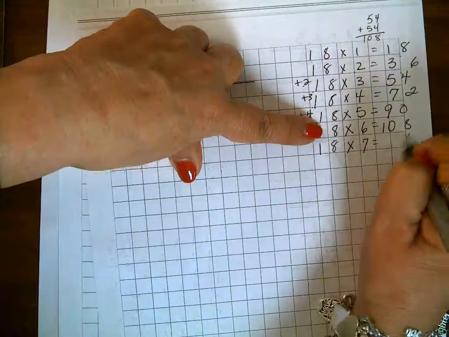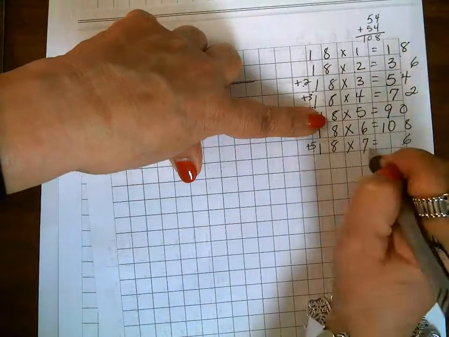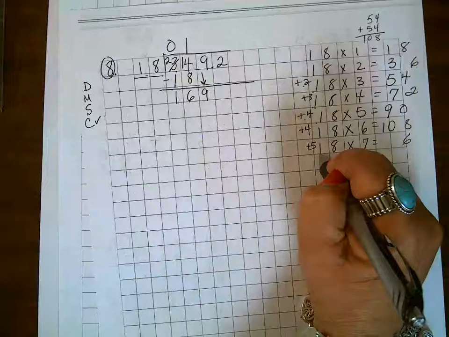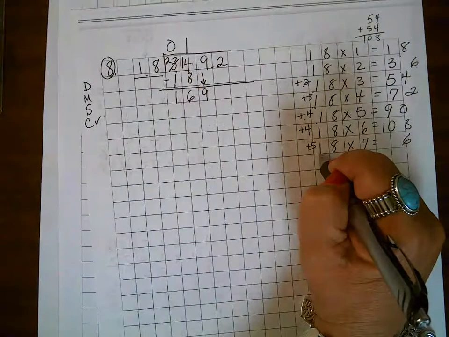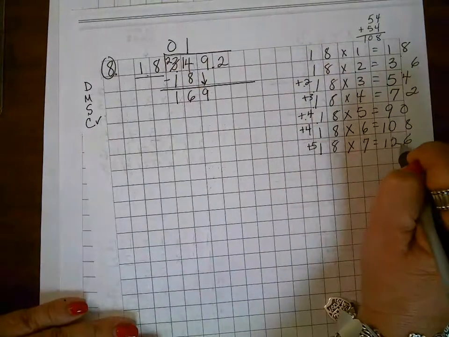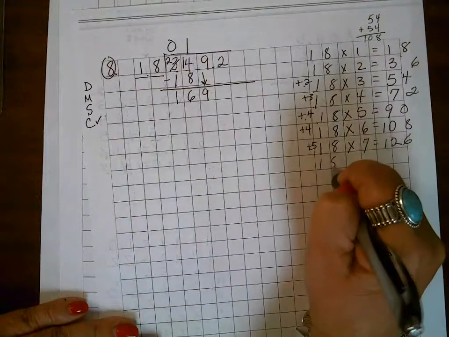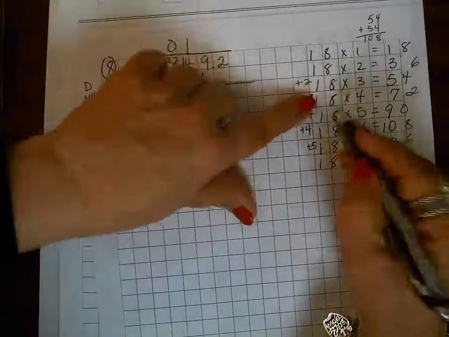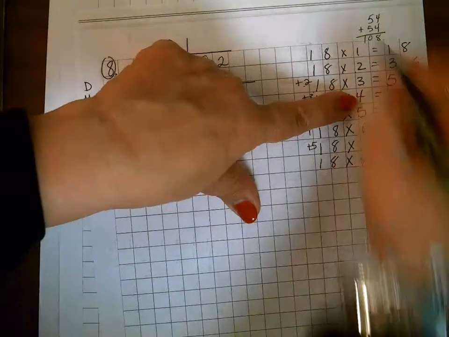7 times 8 is 56. 7 times 1 equals 7 plus 5. Very good. 126. 18 times 8. Let's look at our 18 times 4. See my 72?